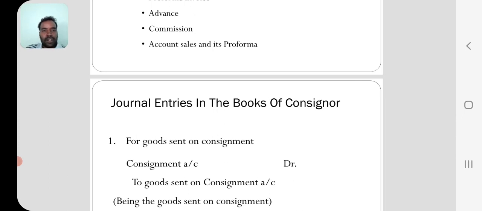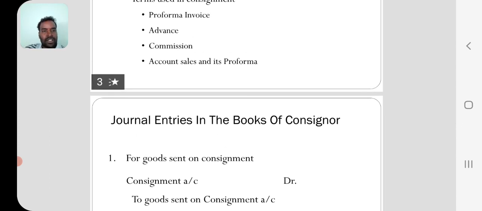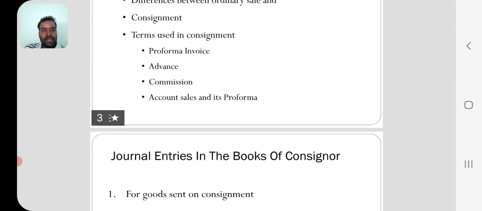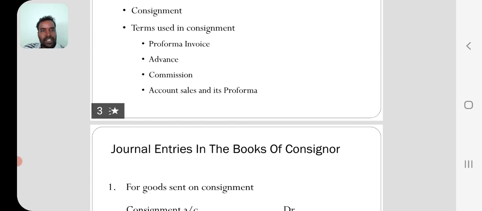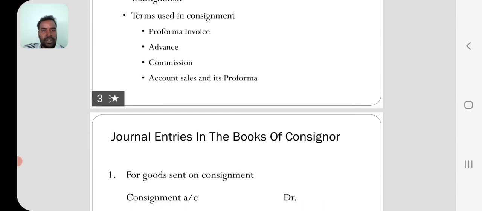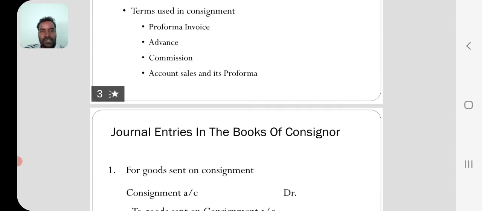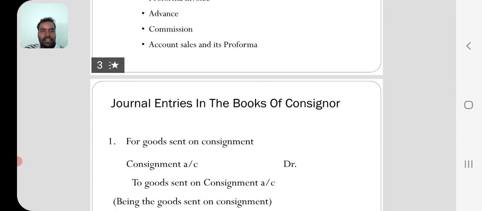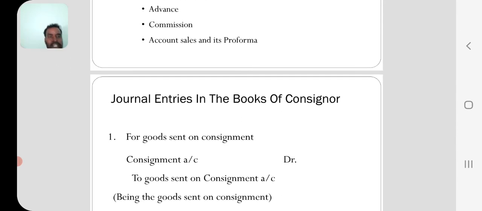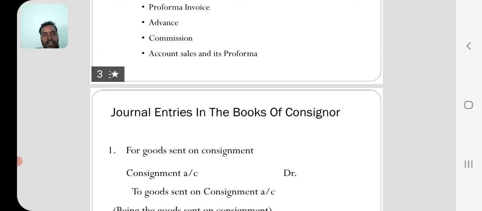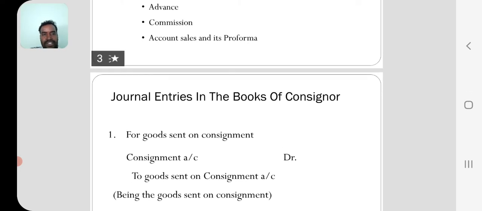If the amount may not be recovered or bad debts occur, the consignee may bear that loss. For that, the consignee may charge some extra commission on ordinary commission. That extra commission is called del credere commission. These are all what we discussed in the previous class.